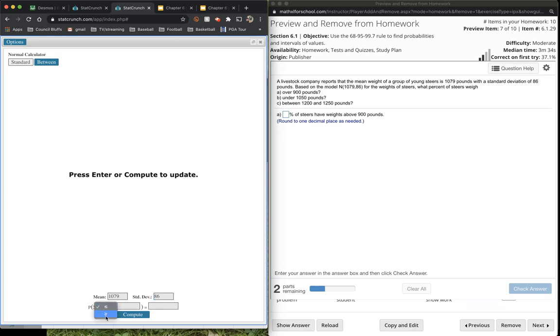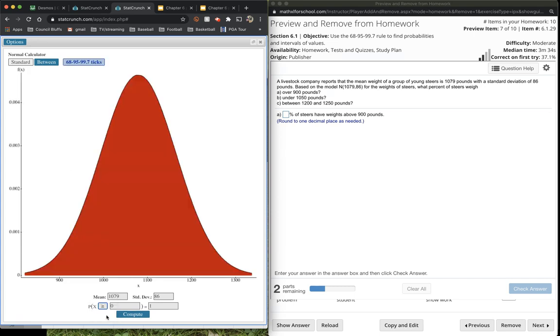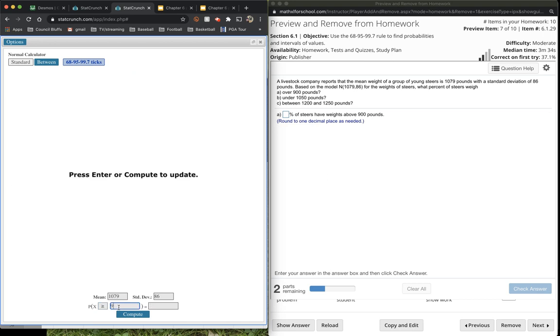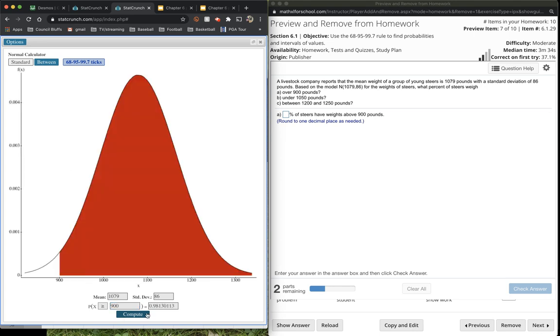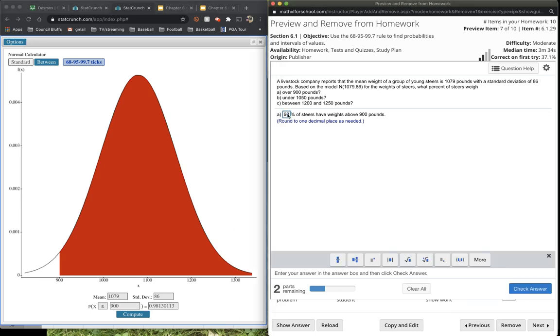So we're going to choose greater than because that is implied by over, and we want the percent that is over 900 pounds. And we have this answer here. So notice we want the answer as a percent, and they want us to round it to 1 decimal place. So this is going to be 98.1%.